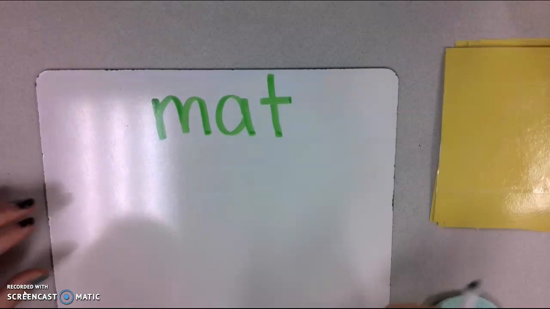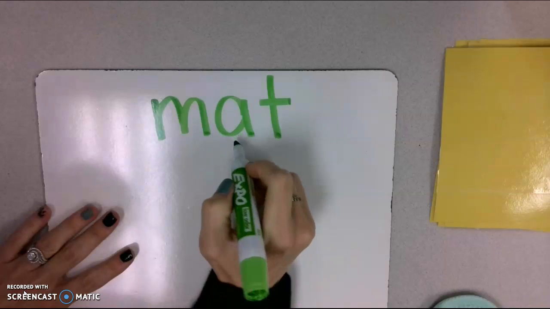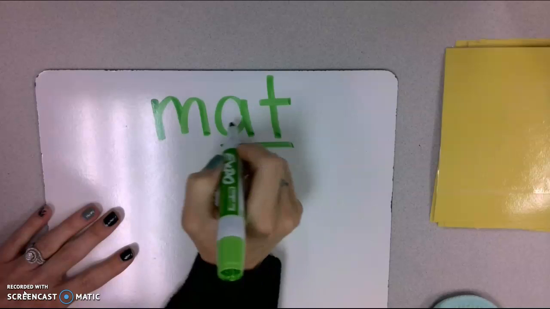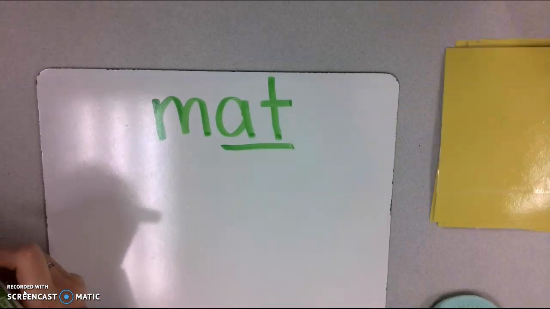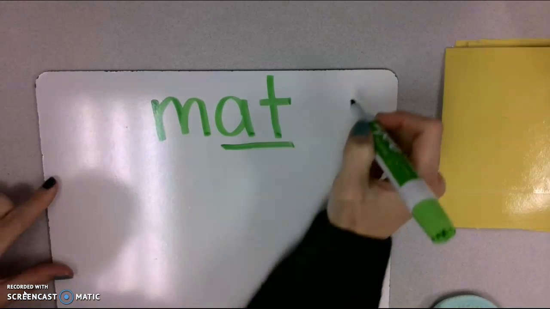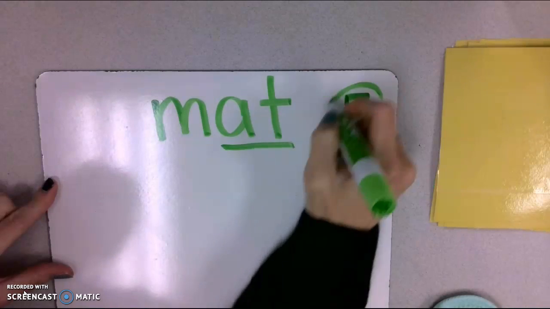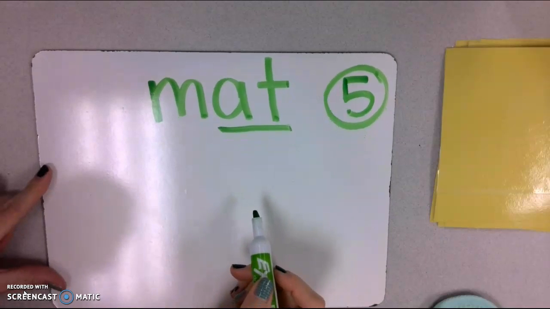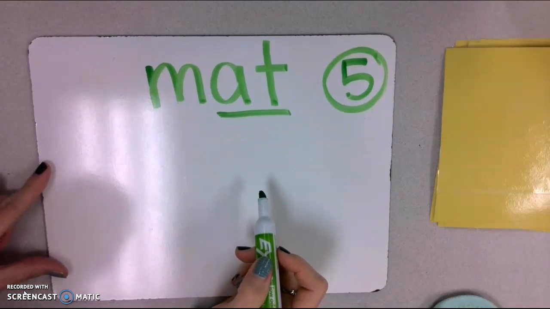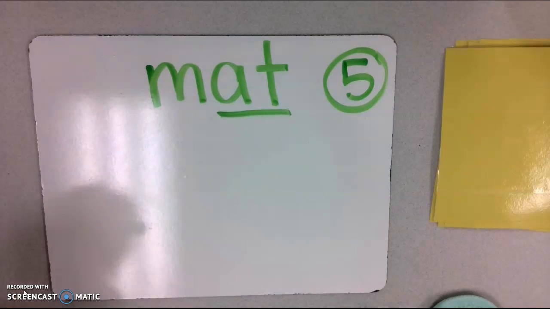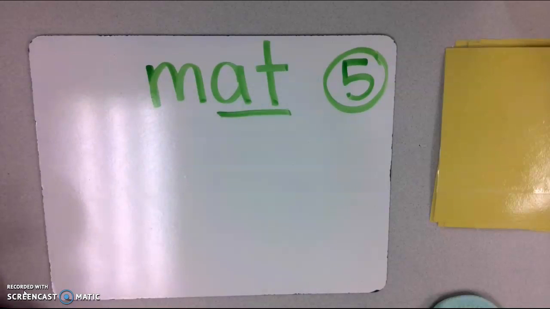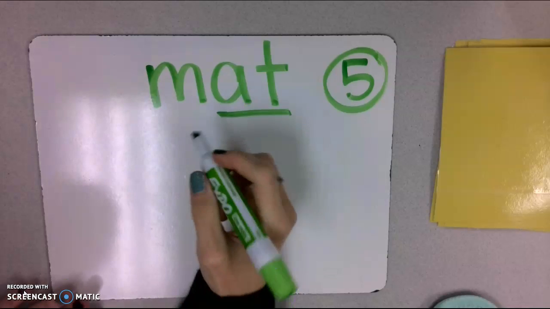Now, just for fun, AT is a good two-letter combination to work on word families with. Can you think of 5 other words that end in AT to write? I'll give you a little bit. Try and think of 5 other words that you can come up with that end in AT. All right.